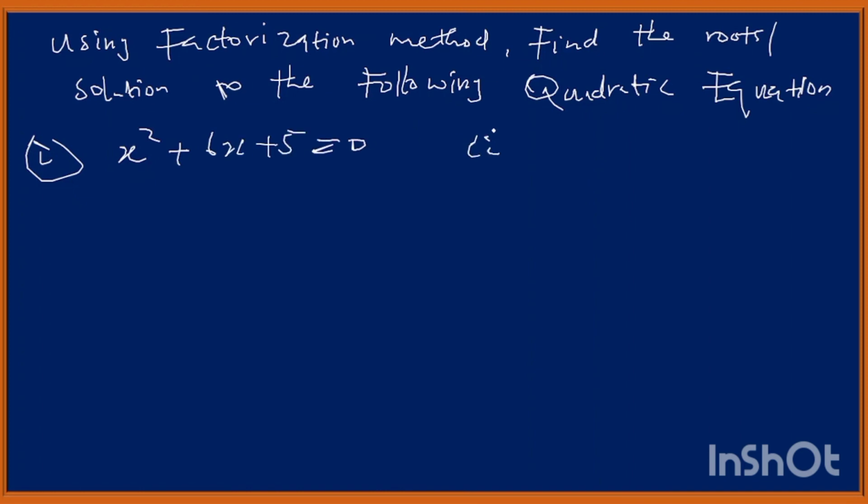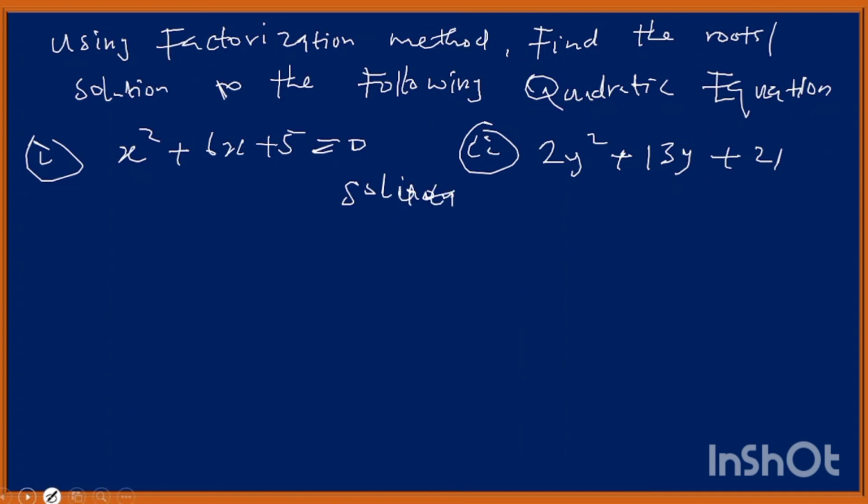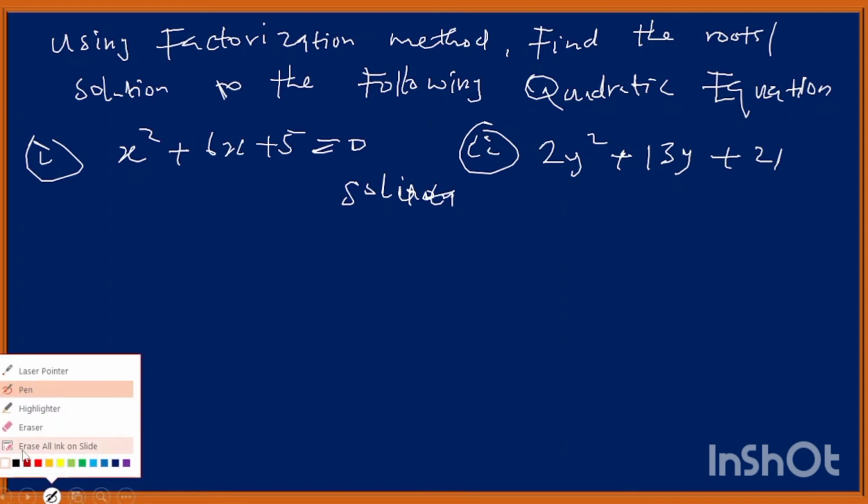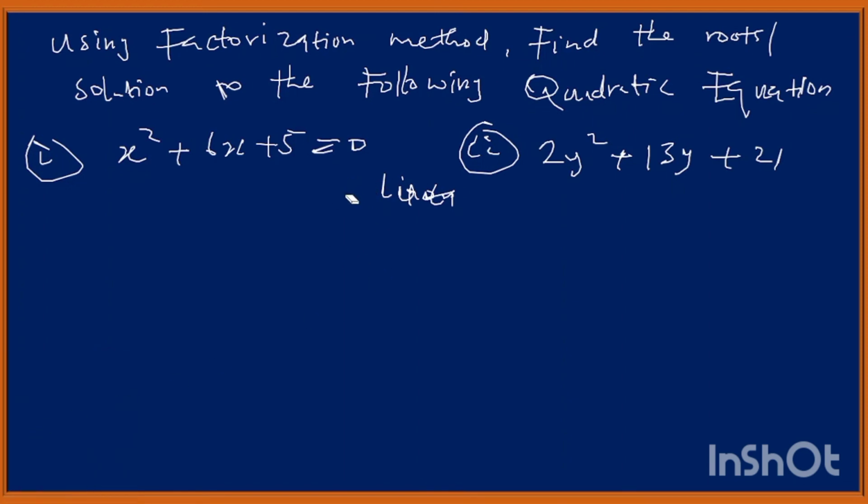I'm going to solve just two. 2: 2y squared plus 13y plus 21. I'm a little bit fast, I just want to try to make the video shorter.